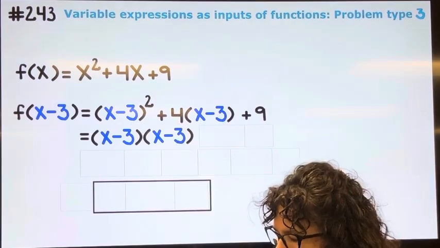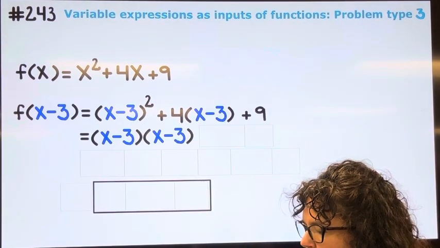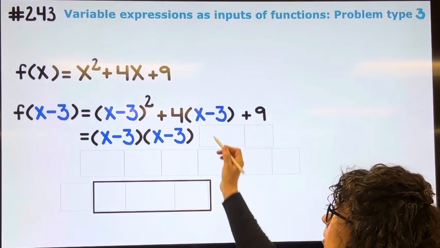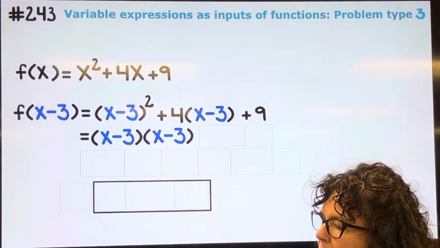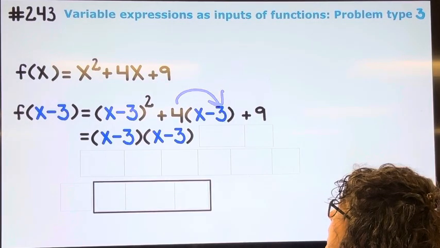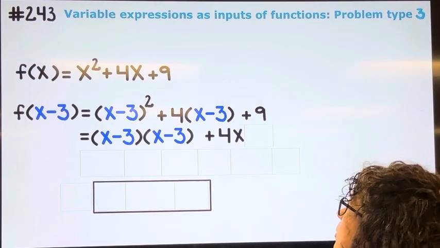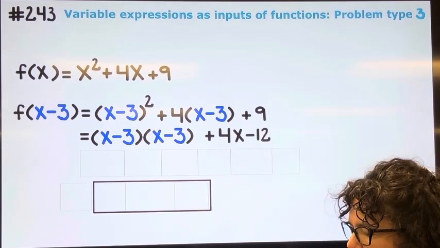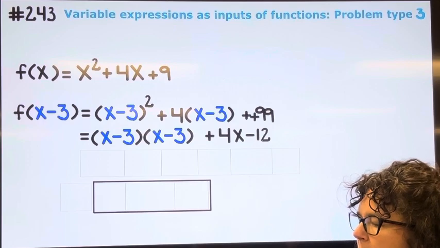And then here we can distribute that through, 4 multiplied by x and 4 multiplied by negative 3, which gives us 4x minus 12. Bring down the plus 9.